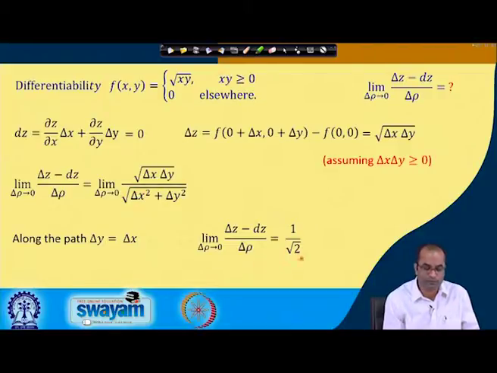So, square root 2 will come. So, along this linear path delta y is equal to delta x, this limit is equal to 1 by square root 2. So, certainly the limit cannot be equal to 0.